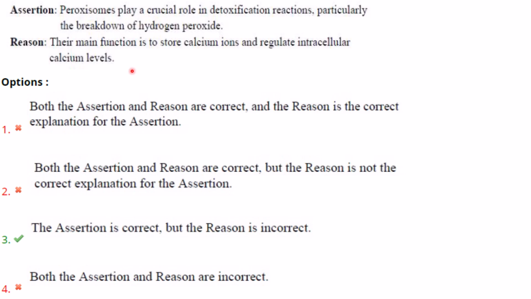Calcium storage is by the endoplasmic reticulum. If you remember muscle contraction, the smooth endoplasmic reticulum releases calcium into the cell from its lumen. So the main function of calcium storage is for the endoplasmic reticulum, not the peroxisome. So the assertion is correct, but the reason is incorrect.